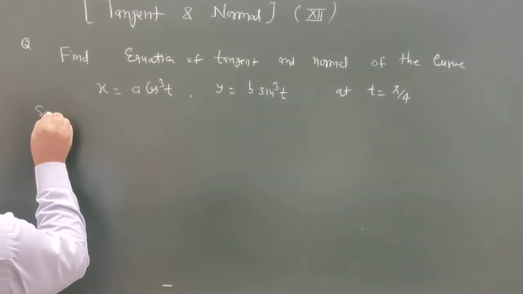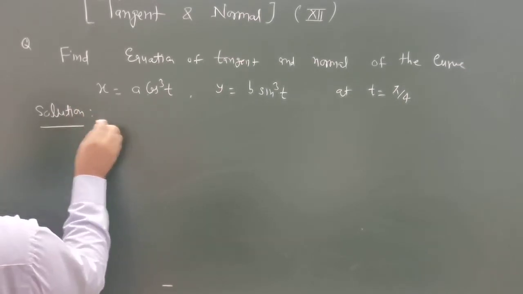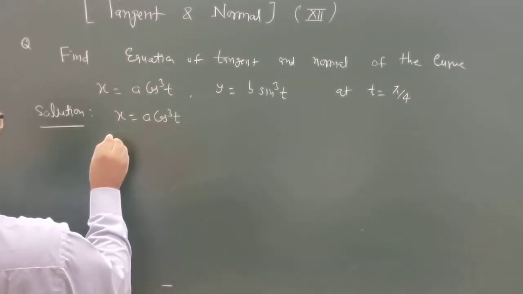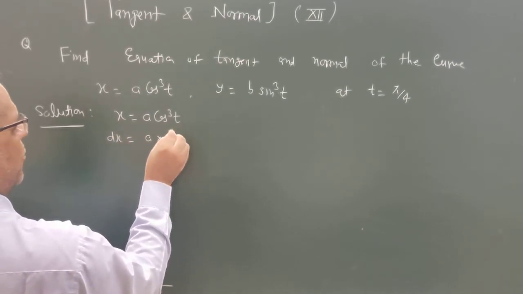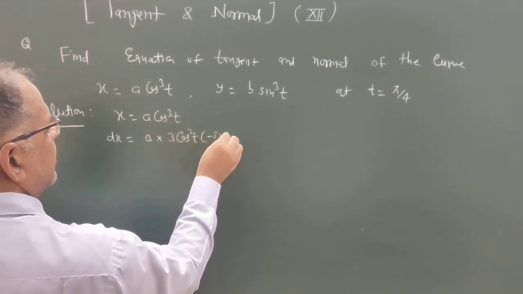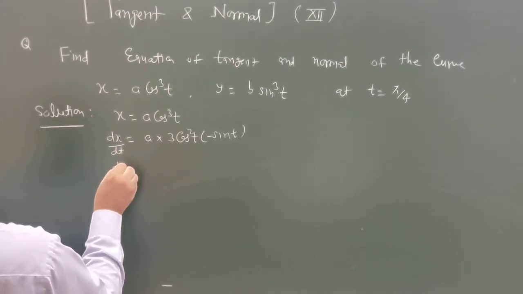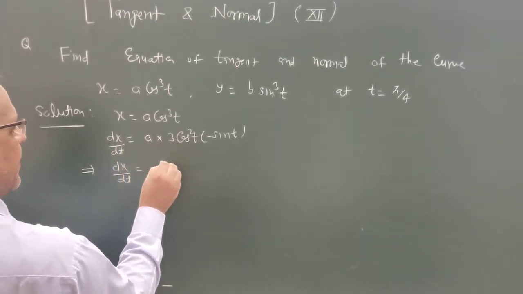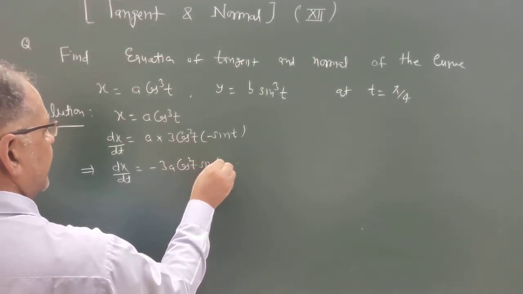So now, how can we solve this question? x equal to a cos cube t, that means dx over dt equal to a into the differential of cos cube t, which becomes 3 cos square t into minus sin t. So finally dx over dt is given by minus 3a cos square t sin t.